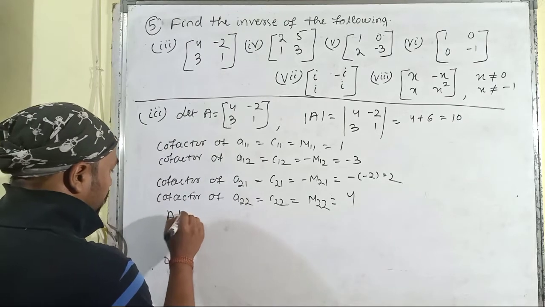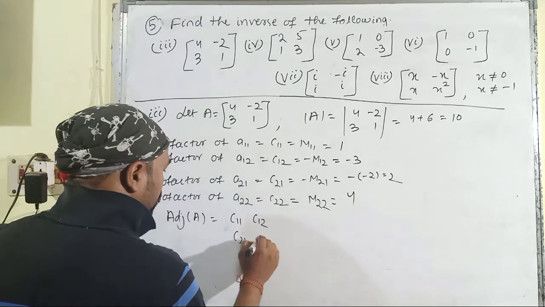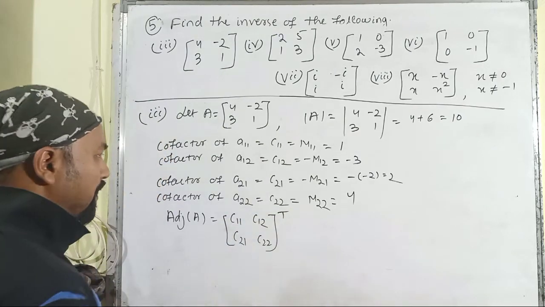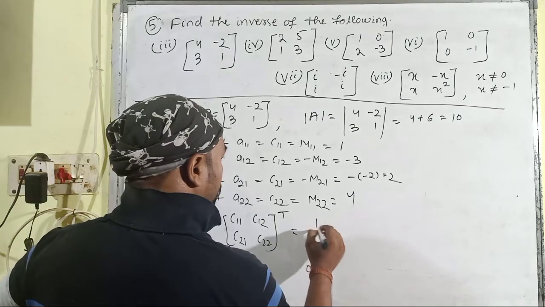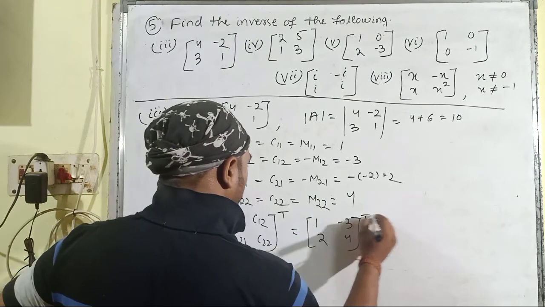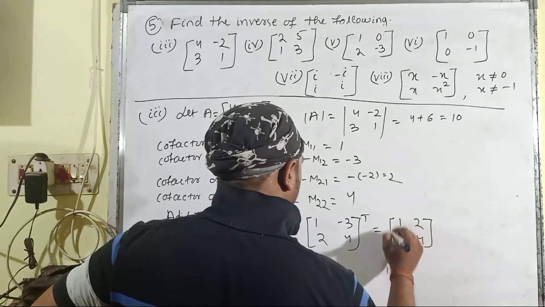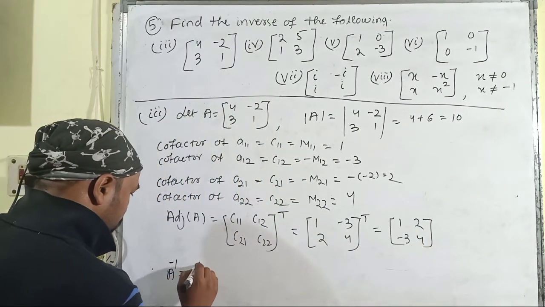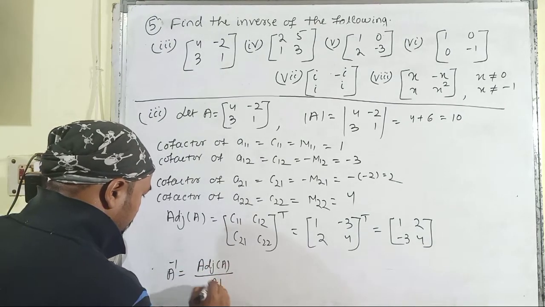Then adjoint of A is the transpose of the cofactors of the respective elements in the proper order. So it will be equal to [1 -3; 2 4], and its transpose, so it will be equal to [1 2; -3 4]. Then we have to find out A inverse, which is equal to adjoint of A divided by determinant of A.